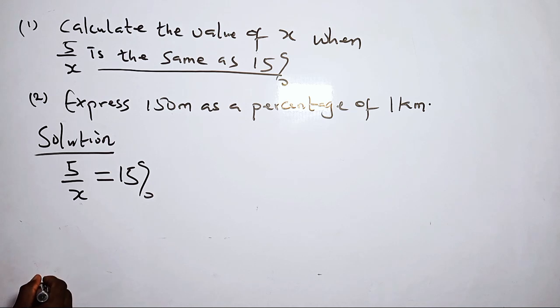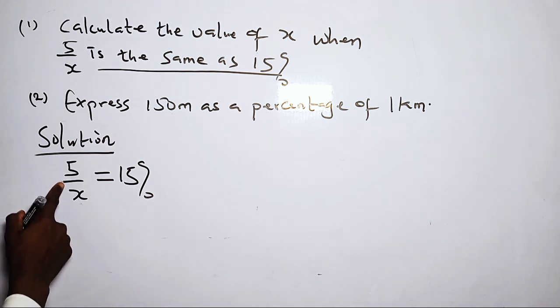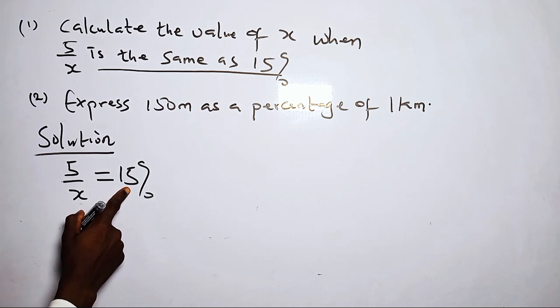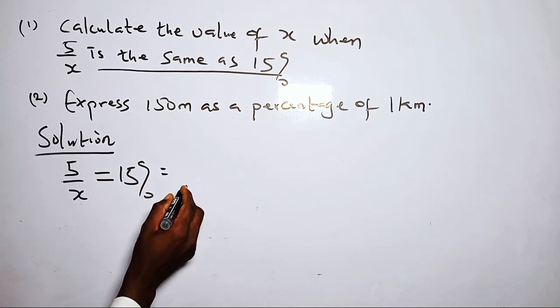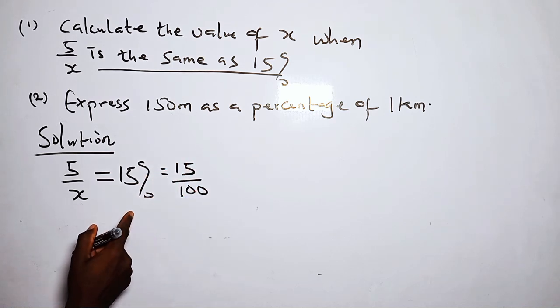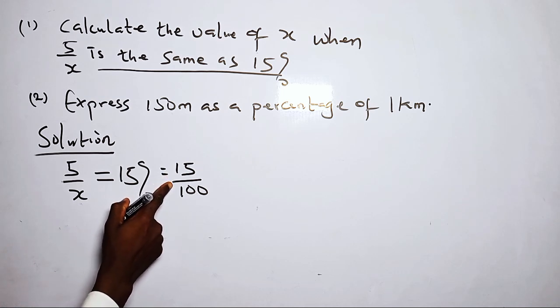When we look at this part of the equation, it's in the form of a fraction, so we can write 15% in the form of a fraction as well: 15 over 100. We can still simplify it further.